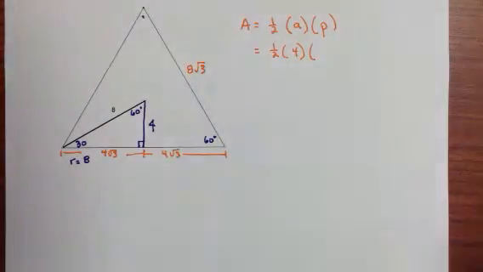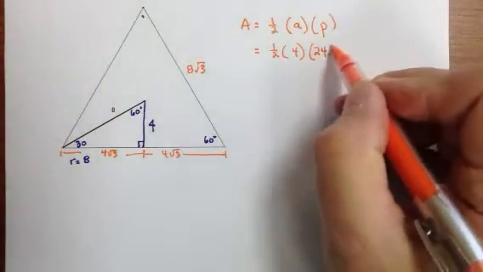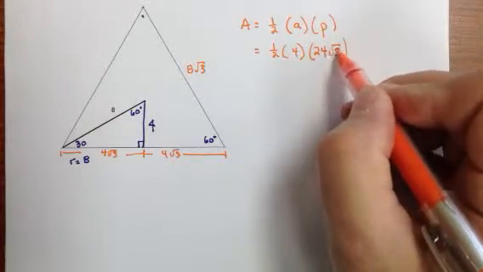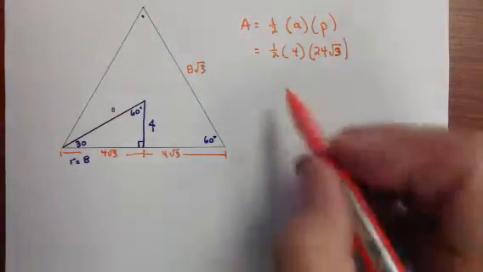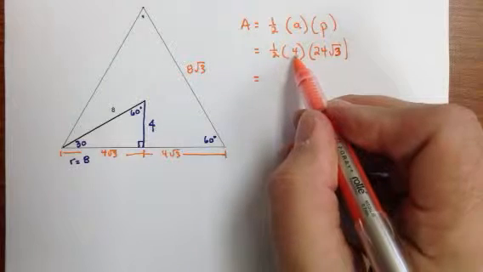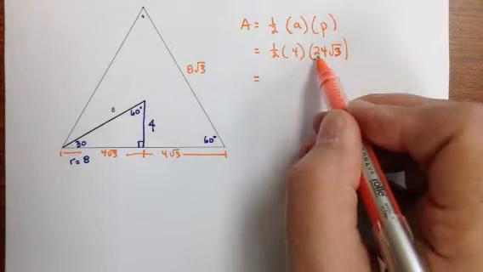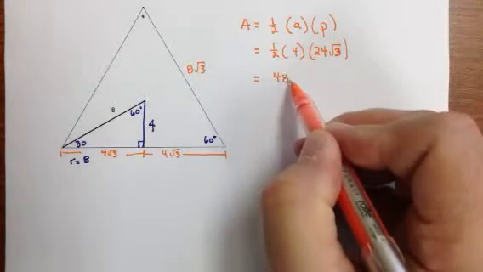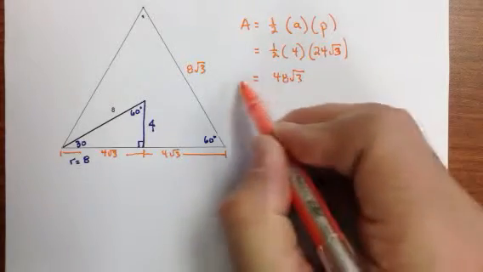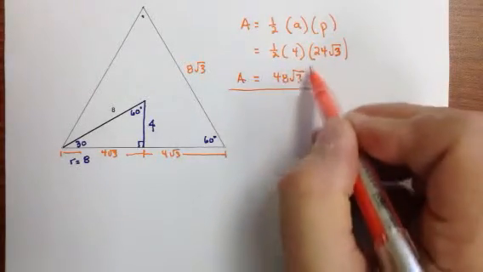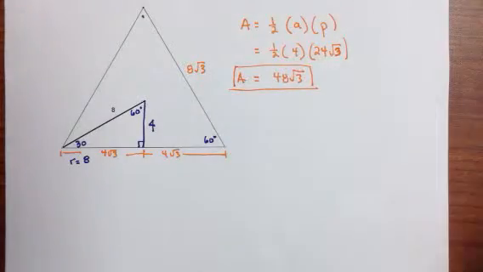So in this case, the perimeter is going to be 24 radical 3. There's 3 sides to that perimeter. Half of 4 is 2. 2 times 24 is 48. So the area is 48 radical 3.